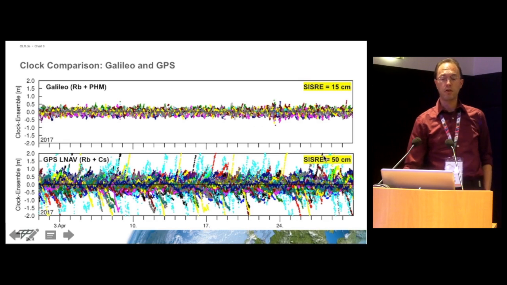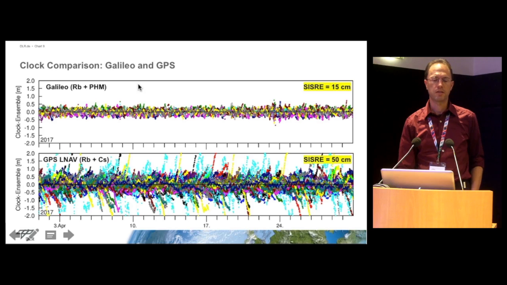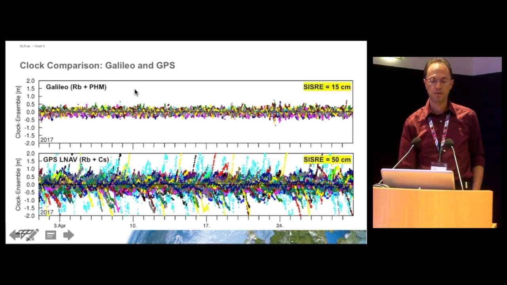If we have a look at the clock comparisons, here are two examples again from April 2017 for Galileo and GPS. Galileo is basically running the satellites on passive hydrogen masers, so we have very stable clocks. You can see here this quite small scatter. There are also quite frequent uploads, resulting in a total SISRE of only 15 centimeters.